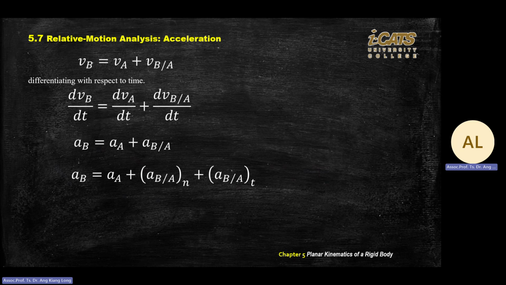Why? Because in your formula, AB is translation, AA is translation, and the third term here is rotation motion. So translation equals translation plus rotation. The term on the left is actually a general plane.